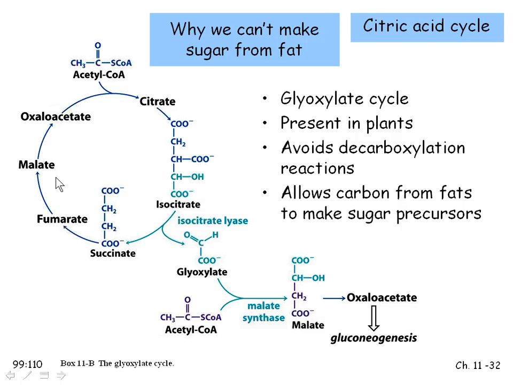In our bodies, since we break down fat to acetyl-CoA, and we don't have the glyoxylate cycle, all we can do with fat is burn it for energy unless we have a source of carbon backbones. And that source of carbon backbones could be, for instance, from amino acids. But fat alone can't give us carbon backbones to make sugar out of. Any questions about that before we move on?